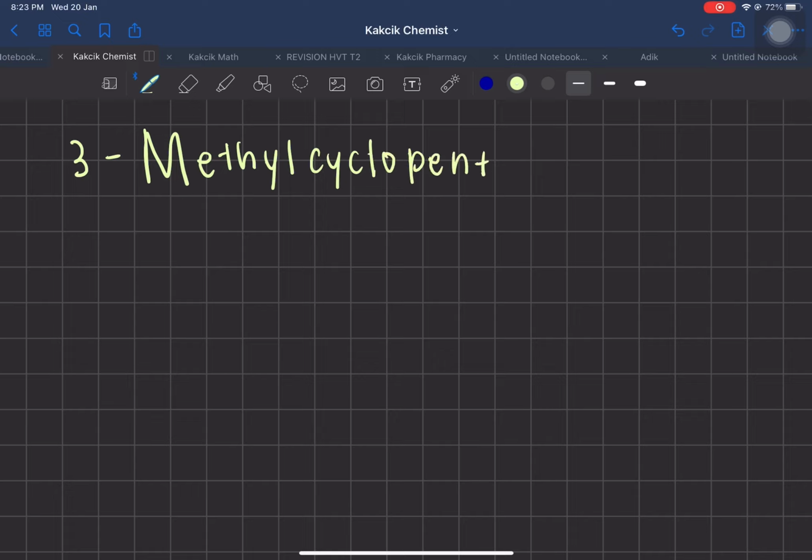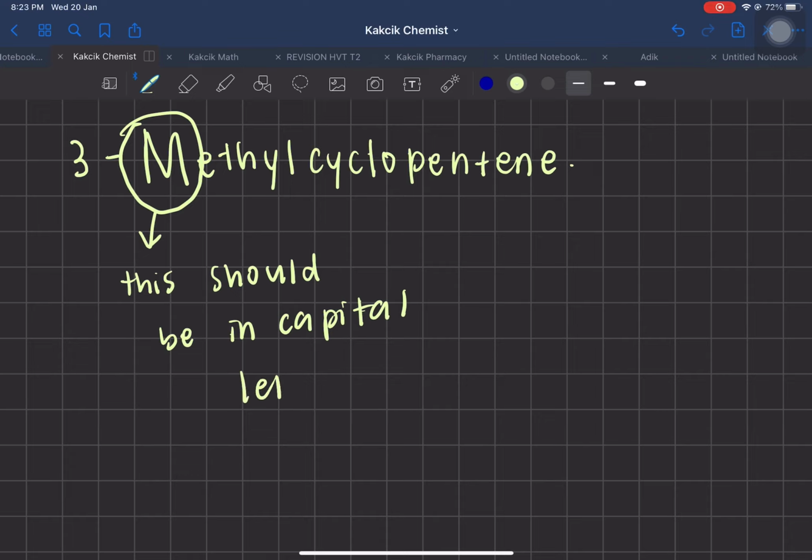Okay, kalau tak salah. So dia akan jadi 3-Methylcyclopentene. Okay, this should be in capital letter.